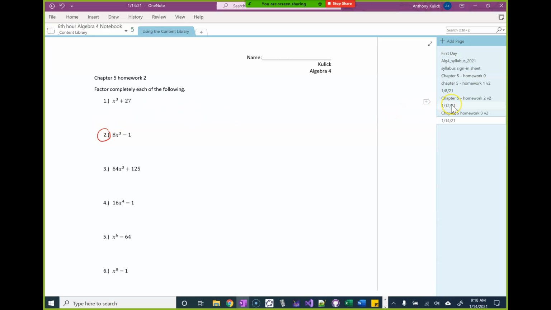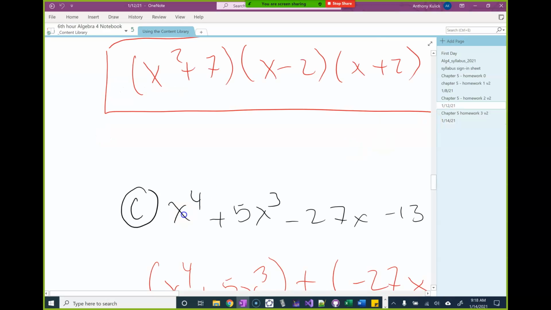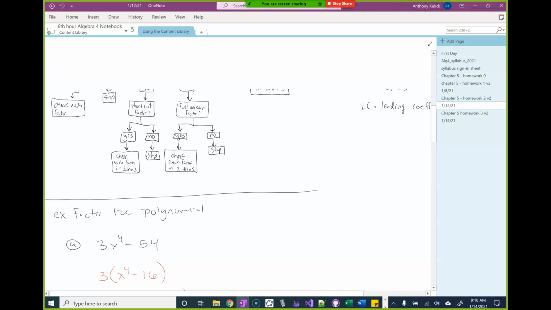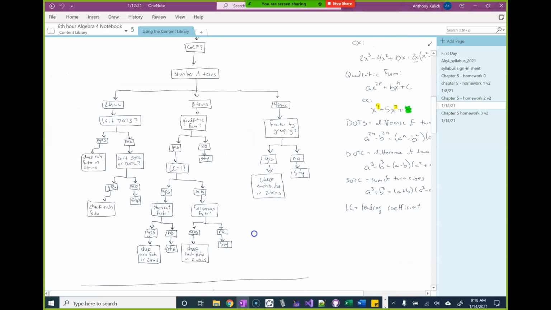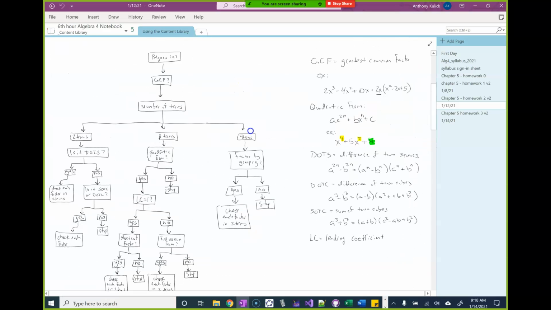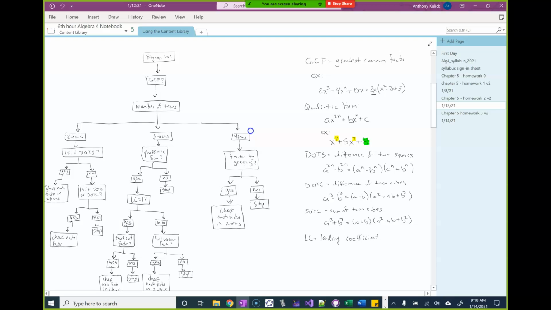When I'm talking about any of these problems here today, I'm going to be referencing this factoring diagram that I had talked about in the video from the previous lesson.